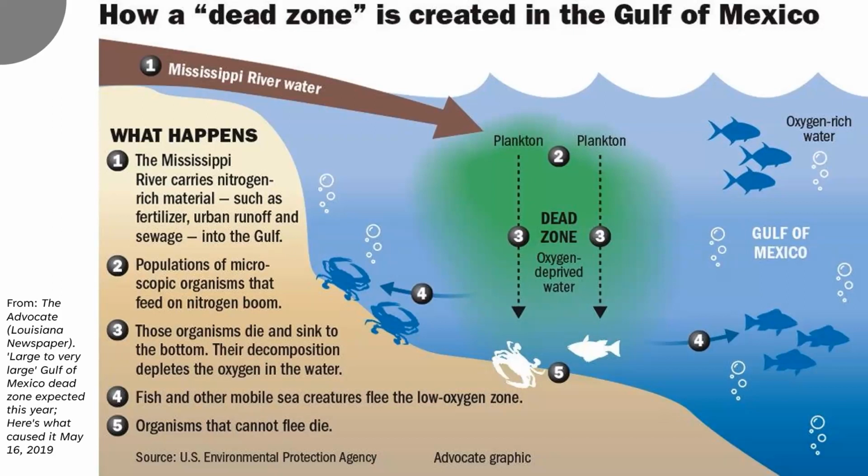Your plant is a very, very, very minor contributor to it, but it is a contributor. And so is every single farm field within the Mississippi River Basin, and everybody has to do some level of reduction of nitrogen discharges in order to help remedy this Gulf of Mexico dead zone.